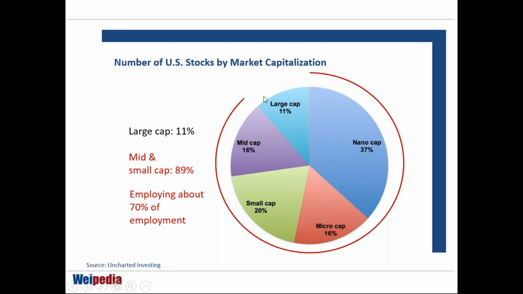We keep track of the Dow Jones, Nasdaq and S&P, but they mostly represent the large caps. So a lot of us do not look at the Russell, and it's so important because the Russell represents the major part of the market cap of the whole US stock market, about 90%. It also employs about 70% of the whole workforce. This number is true in the US. It is also true in Singapore.